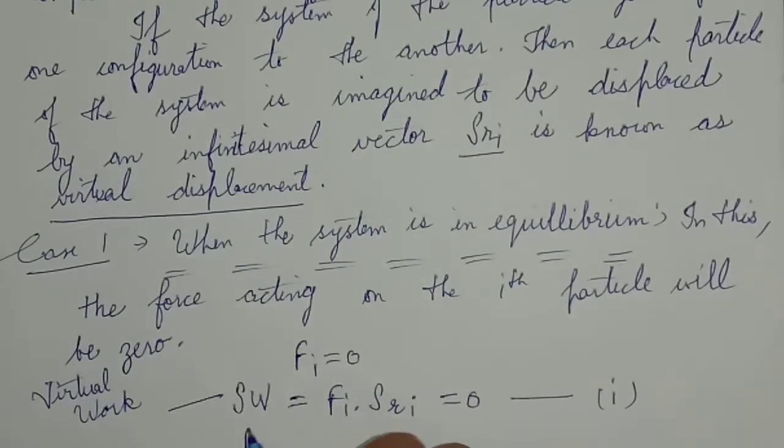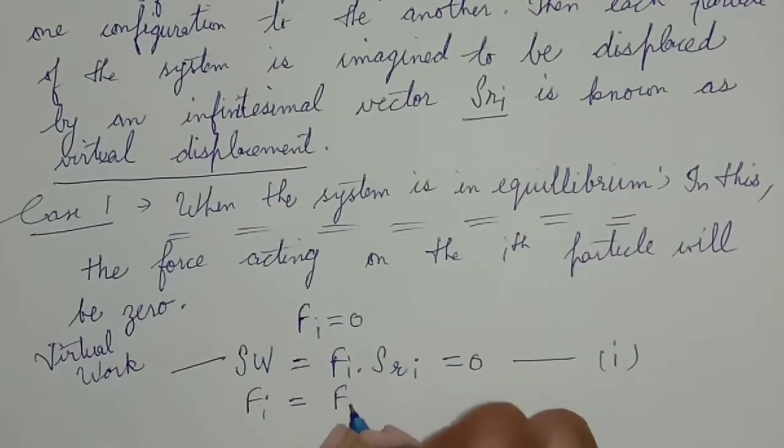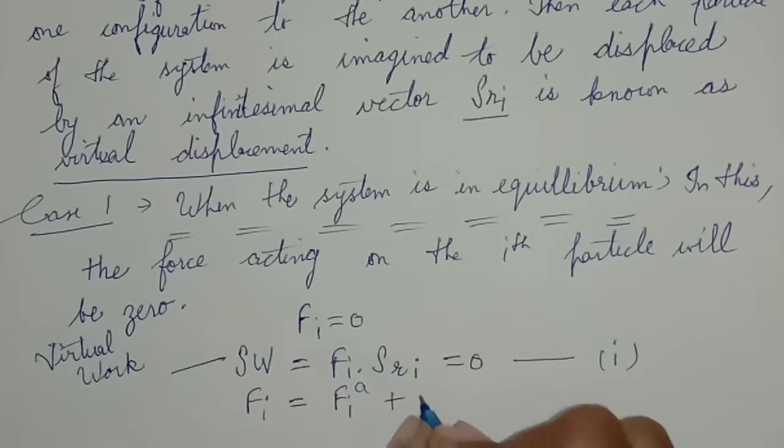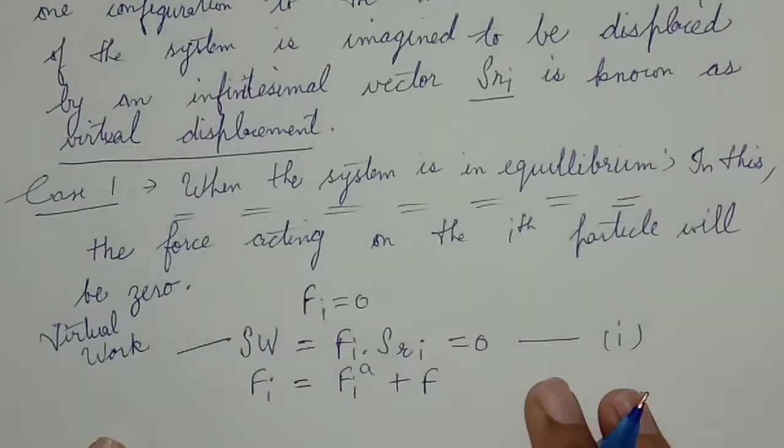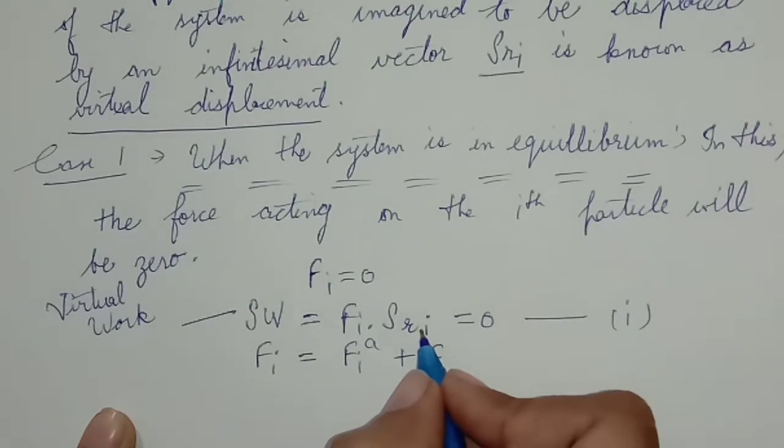Now Fi, which is our force, is the sum of the applied force and the constraint force. Now put the value of Fi in equation number 1.